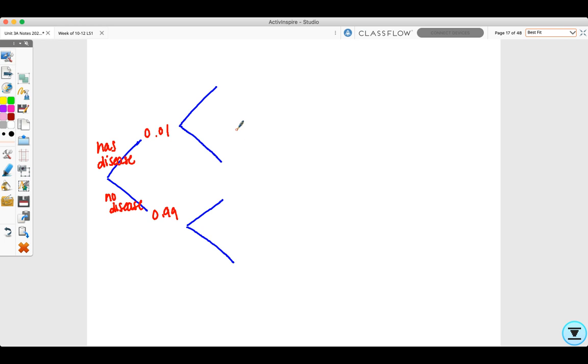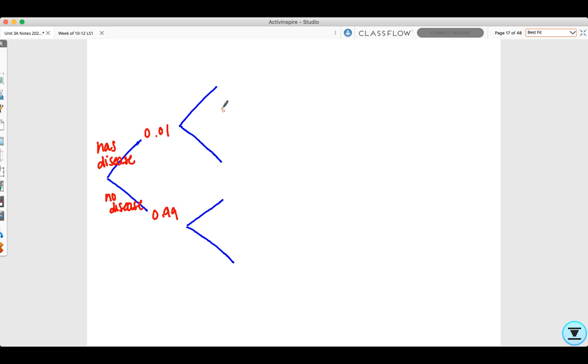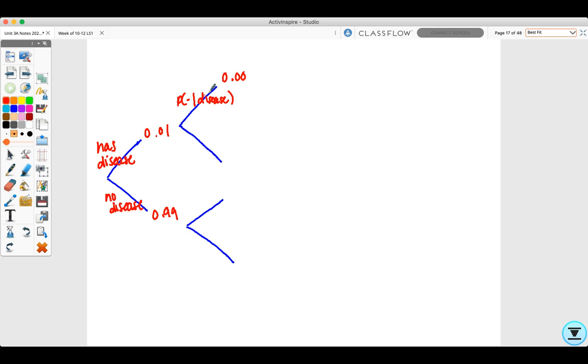the probability of getting a negative, given that they have the disease, is 0.003, and the probability that it's positive, given that they have the disease, is 0.997.